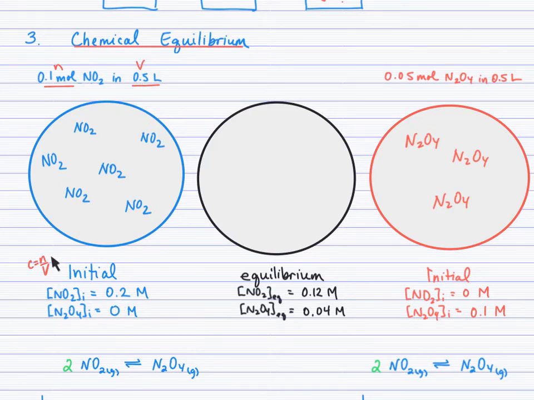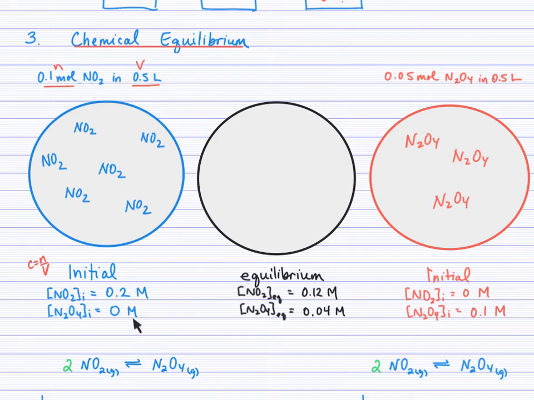So I'm always doing this calculation with the moles and the volume to get the concentration initially. So I drew some NO2 in the flask here, and you'll notice I didn't put any N2O4. Therefore, the initial concentration of N2O4 is 0 moles per liter.